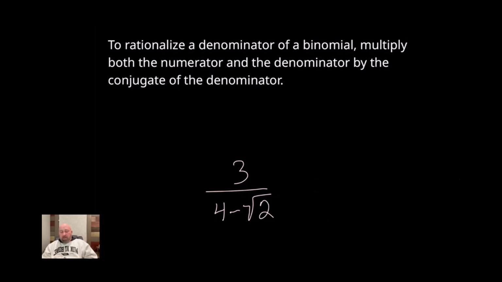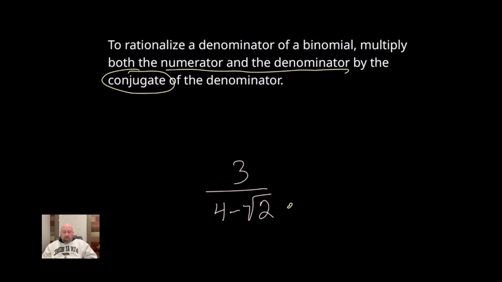So go back up to this and let's look at this. To rationalize a denominator of a binomial, what we want to do is multiply both the numerator and the denominator, so kind of the same process, by the conjugate of the denominator. What's that? It's the same thing except we're going to put a plus sign here.